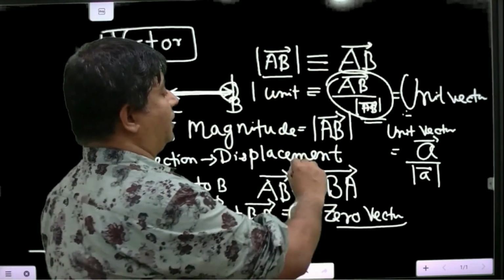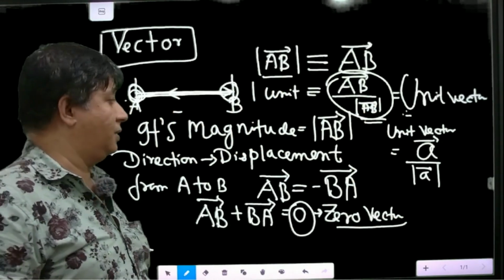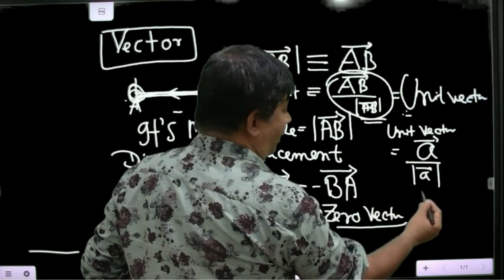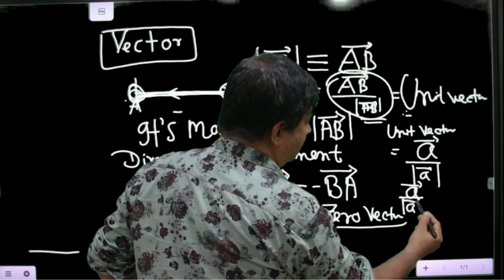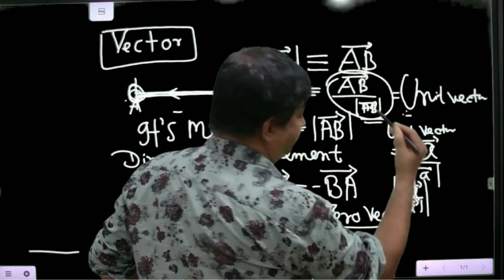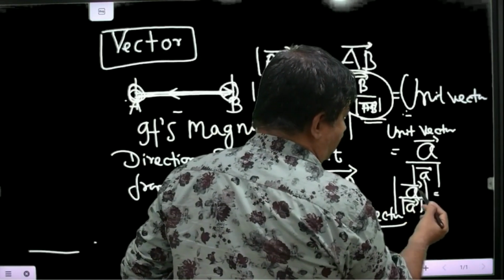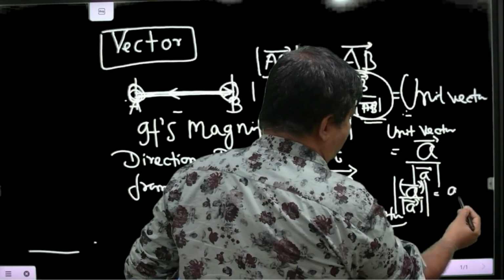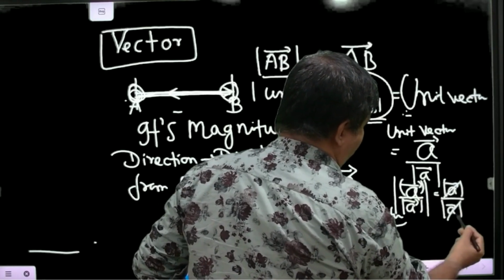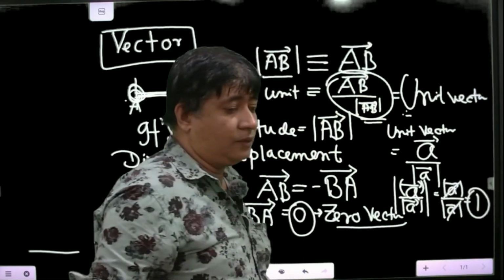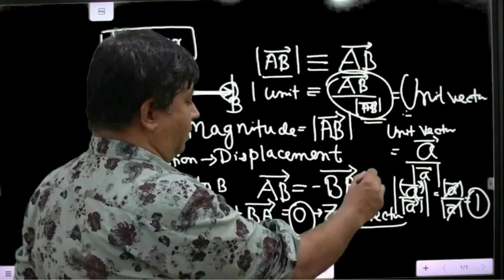Understand? Unit vector. What will be the length, the magnitude, of a unit vector? Let us take its magnitude. The numerator, that vector's magnitude, is magnitude A itself, divided by magnitude A. That is 1. So a unit vector's magnitude is always 1.